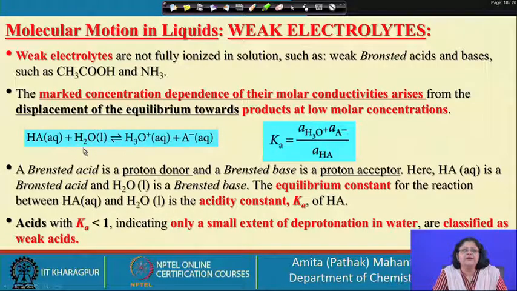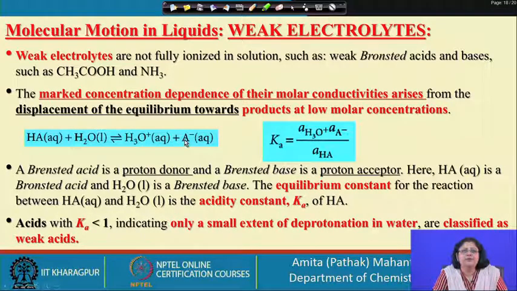So, in aqueous medium, this is going to behave like a Bronsted acid, and the liquid water is going to behave like a Bronsted base. So, you can write down the equilibrium constant.